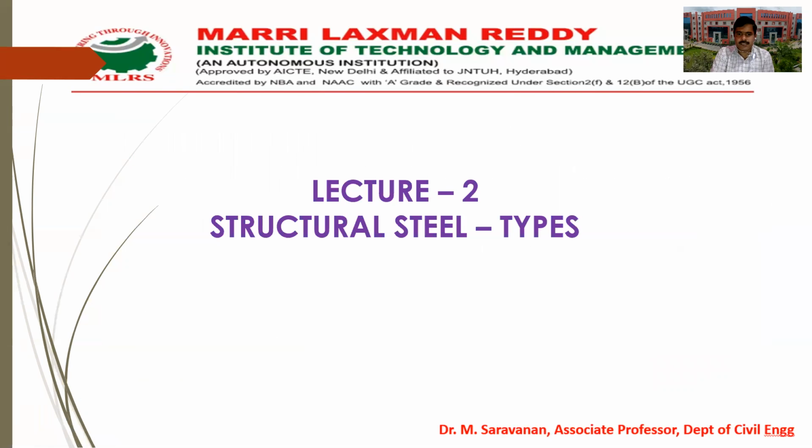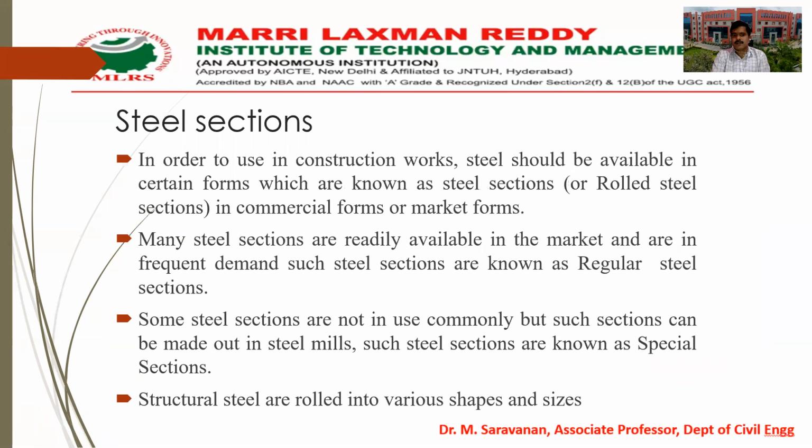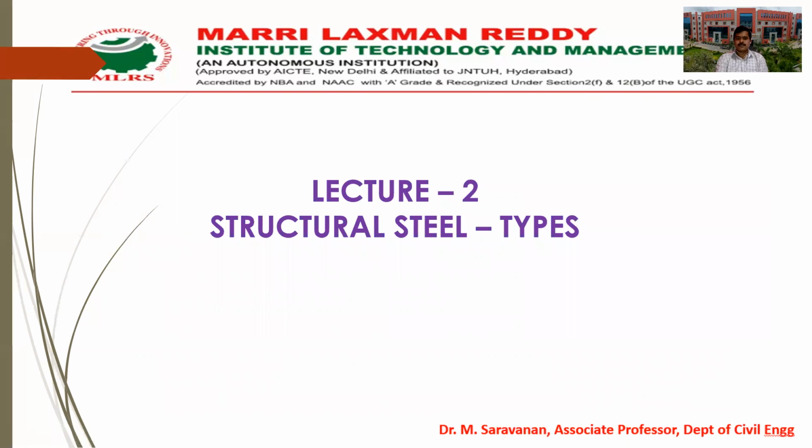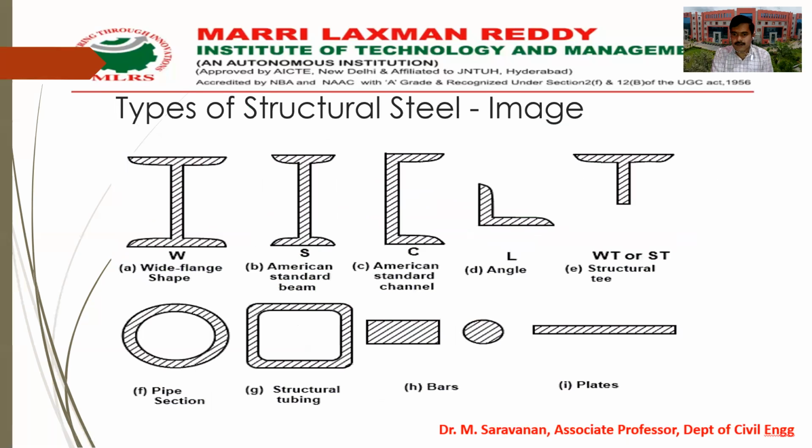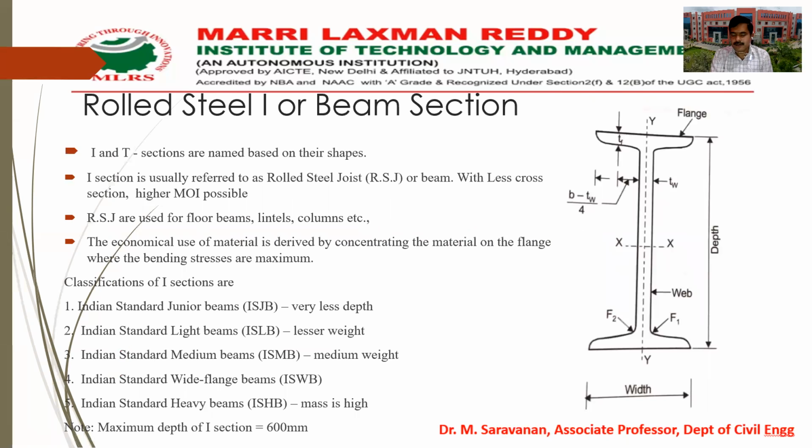When you refer to the steel table or IS handbooks, you can get the properties of the rolled steel sections, where we can find all the values, like for ISMB 500, what the depth is, the thickness of the flange, the width of the flange, the thickness of the web. Here is the Cxx value.